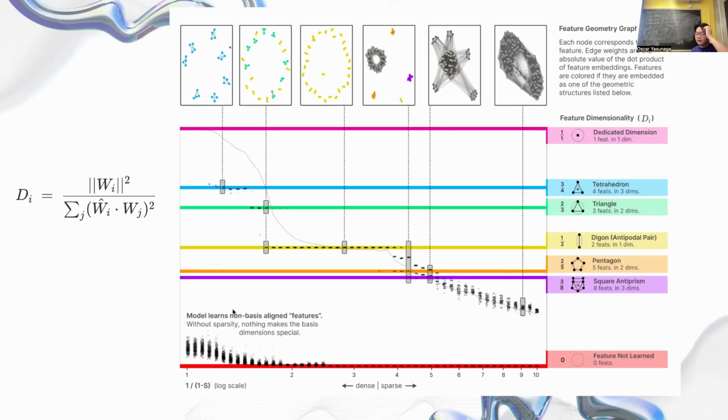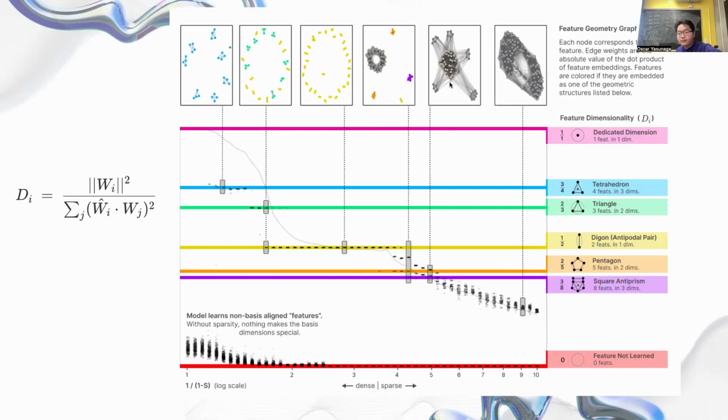One thing to note as well is that you might see these line segments. These line segments are the magnitude of interference between any two features. So as you increase sparsity, different optimal geometries emerge.